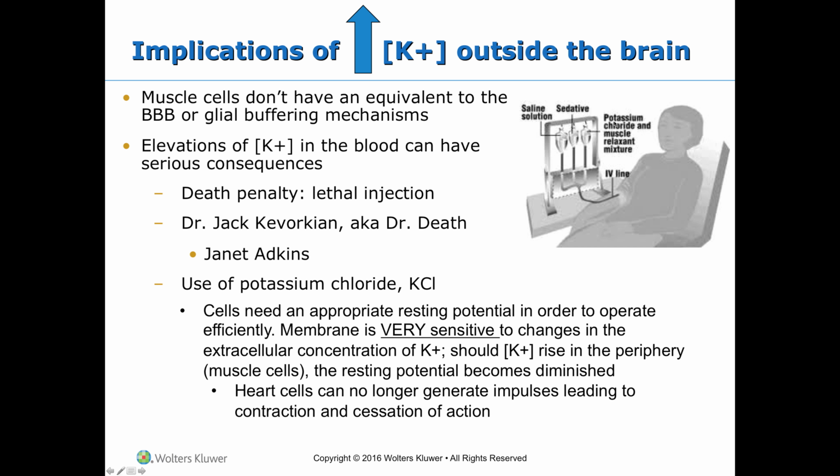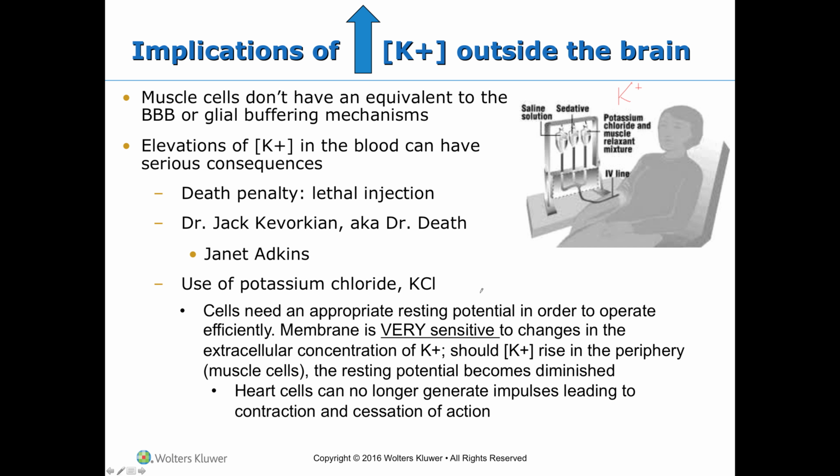Now what happens is this potassium chloride, you have a lot of potassium ions that are flowing into the bloodstream. Cells need an appropriate resting potential in order to operate efficiently. The membrane of every cell is very sensitive to changes in the extracellular concentration of potassium. So if potassium rises in the periphery through all your muscle cells, then the resting potential of your cells becomes quite diminished.